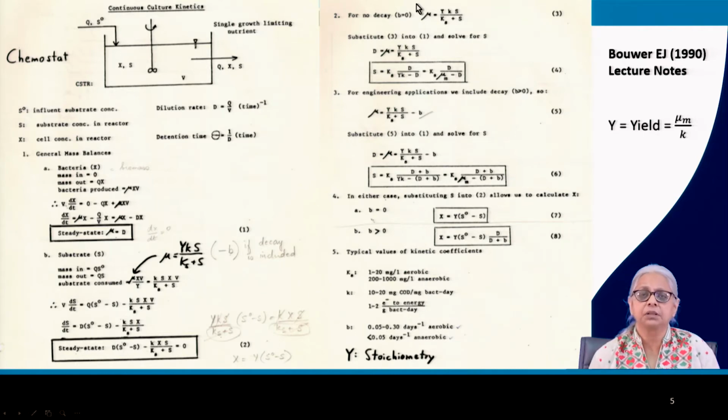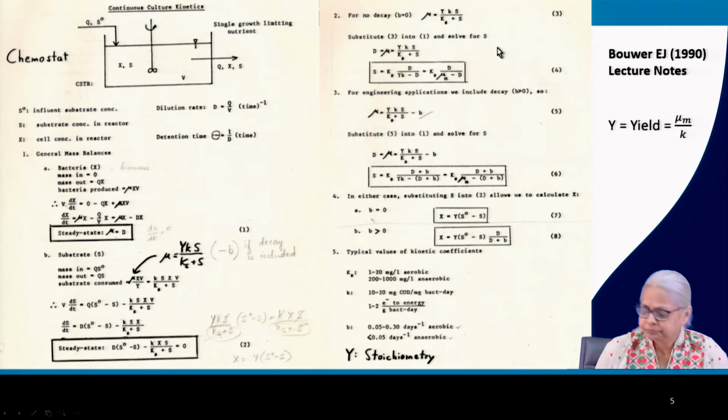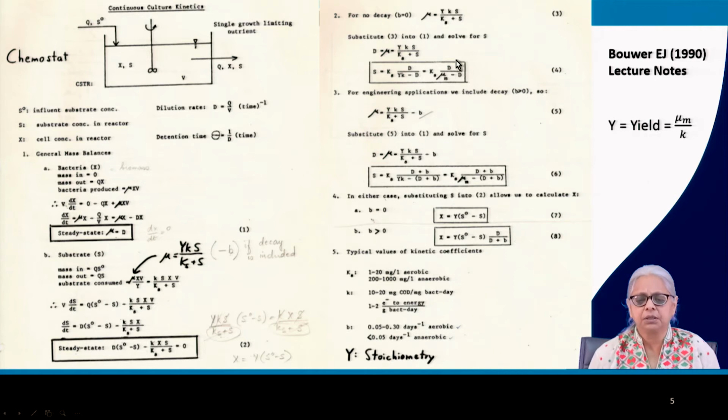Now there is another term that needs to be included, and that is decay. So if you want to assume that decay is not important, then B is equal to 0, and this is our equation for mu. So mu is equal to YkS divided by Ks plus S. And when you substitute this particular term into our first equation, then you get these two terms.